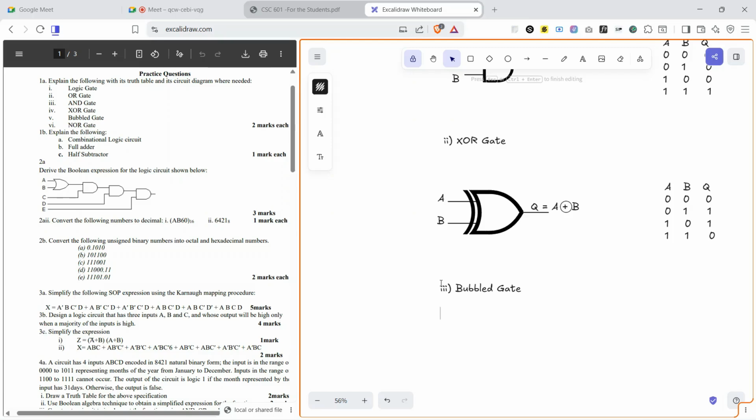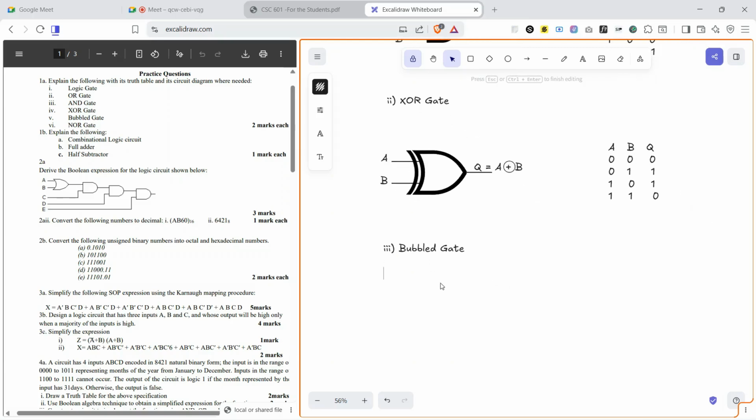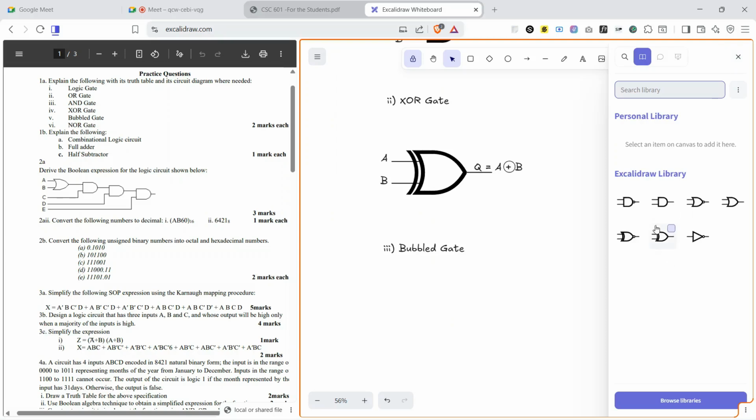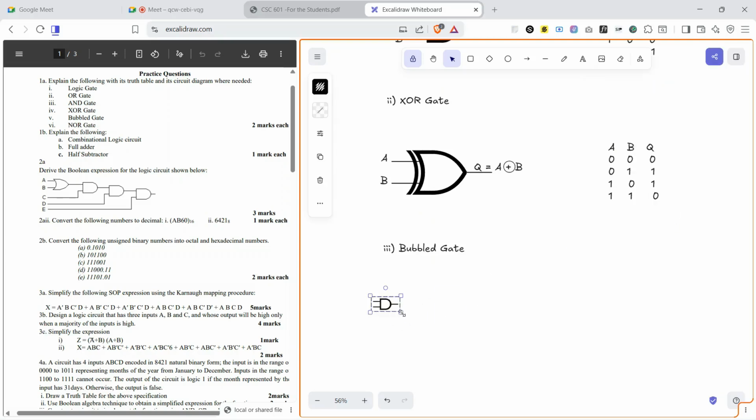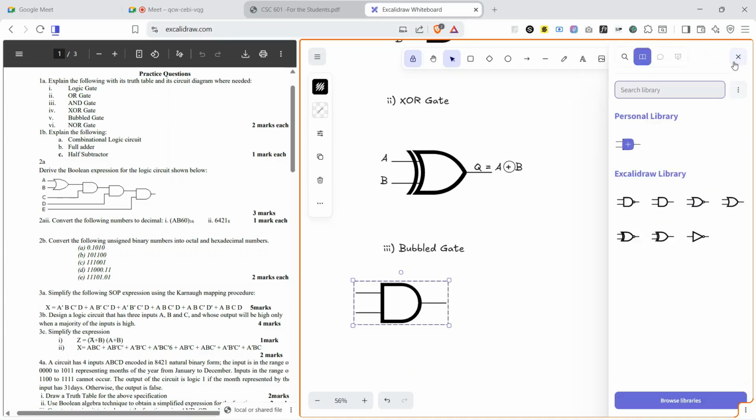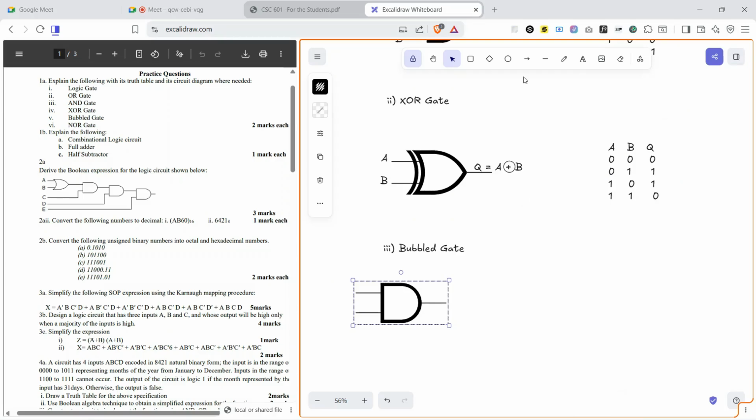So for bubble gates, I think it's only the diagram that will surface. Let me see. Let's say, for example, I think from class I explained that we have an AND gate. The bubble gate of this, which will still give the same results, will be something like this.